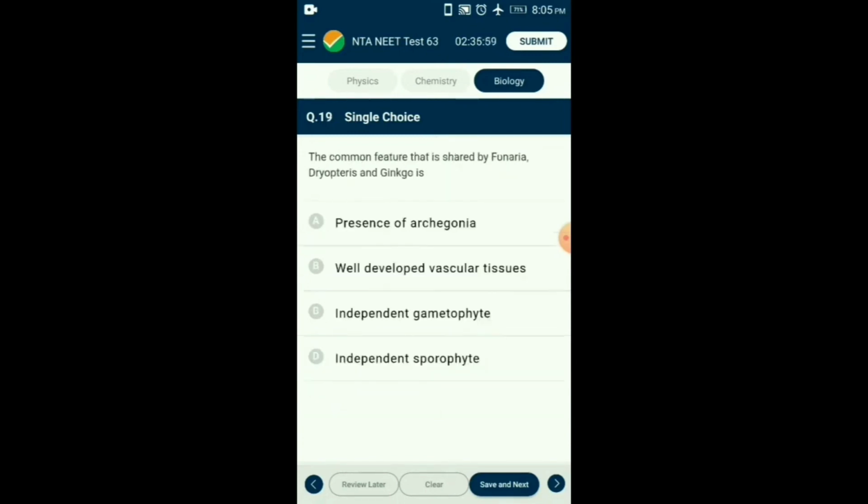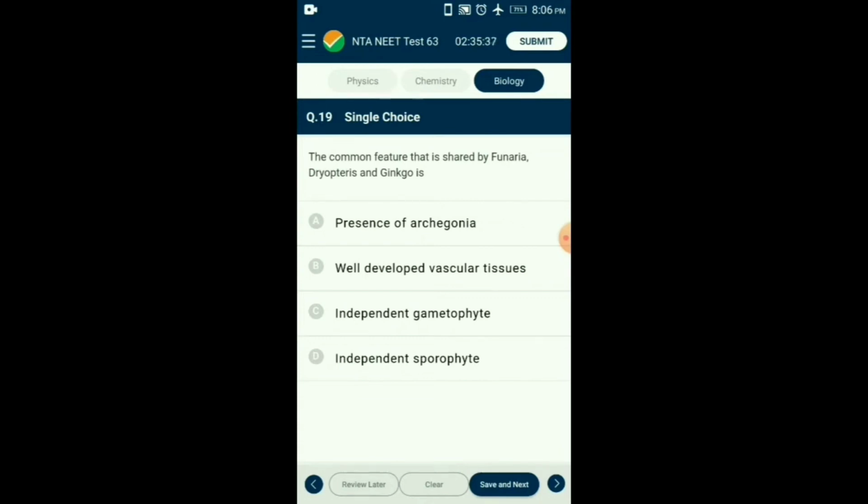Question number 19. The common feature that is shared by Funaria, Dryopteris and Ginkgo is: Funaria is a bryophyte in which the female sex organ is archegonia, vascular tissue is absent, and the main plant body is an independent gametophyte.